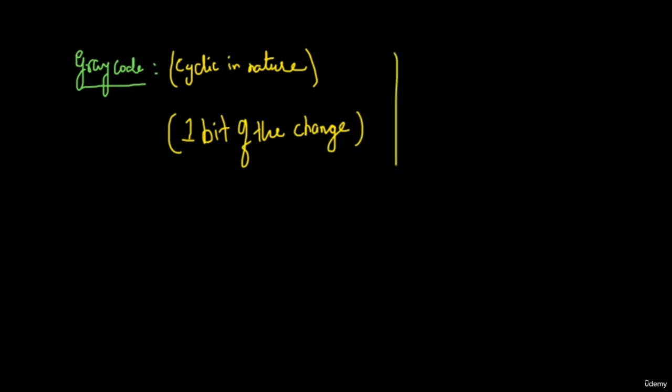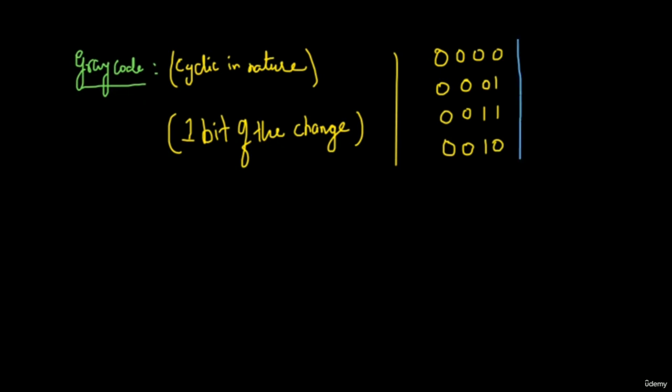Now, as we have written 0000 for the 0 and 0001, and then we have written 0011 first, and then we have written 0010. I have written just 0 to 3, and now we are going to see what is the difference.